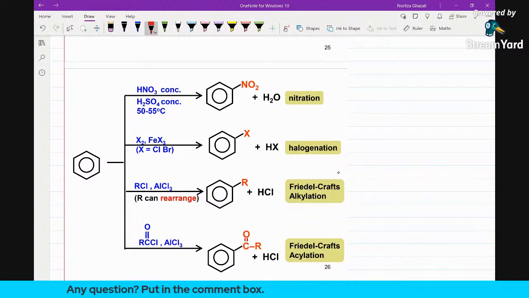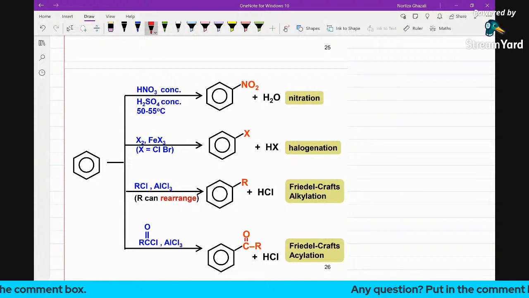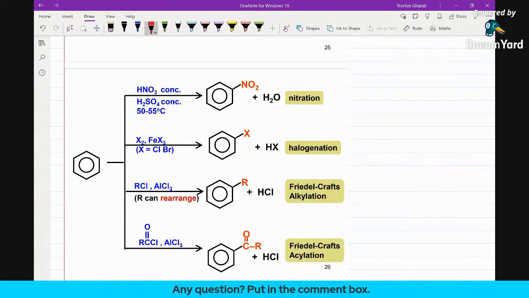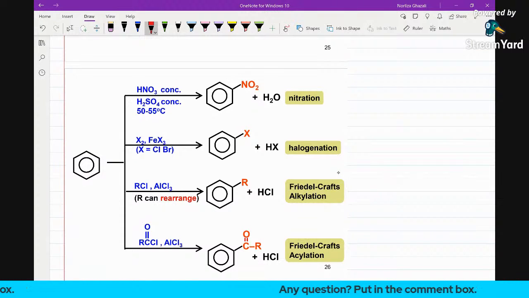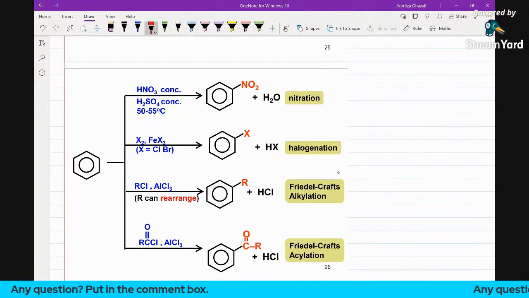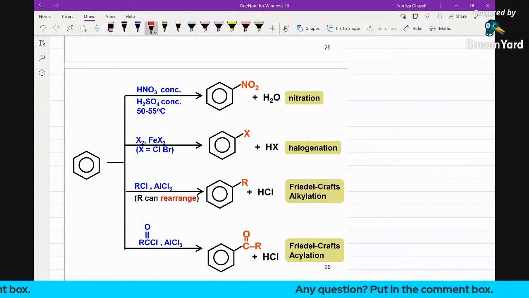So it becomes nitrobenzene, right? Next one, halogenation. So we use X2. X is chlorine or bromine. And the catalyst FeBr3. Yeah. So we replace hydrogen with halogen. Depends, X is halogen, bromine or chlorine. So halogenation.